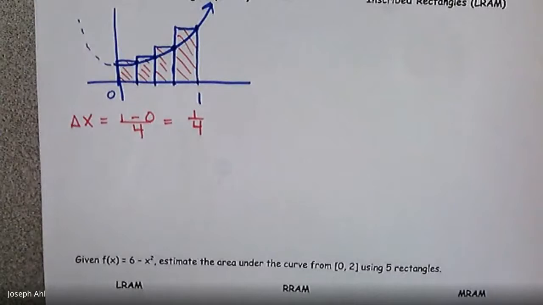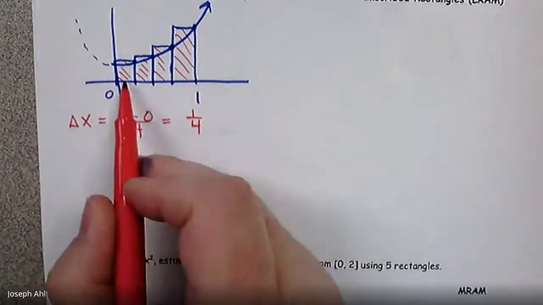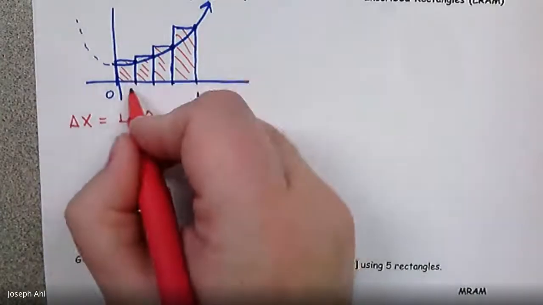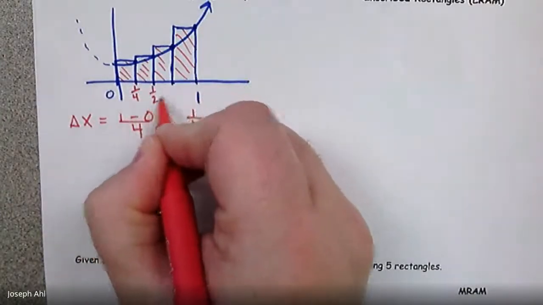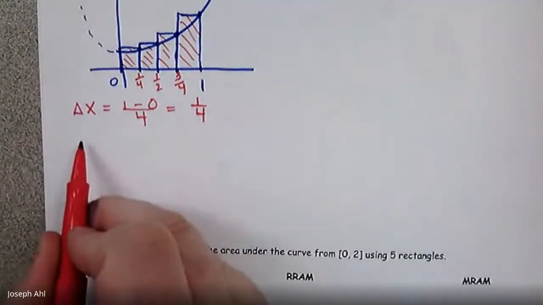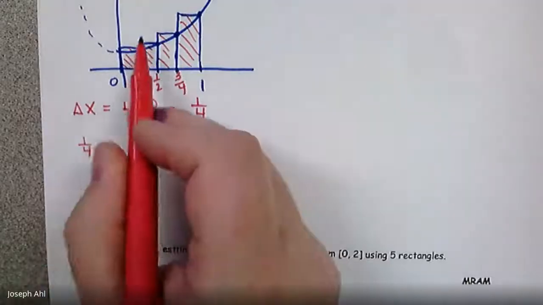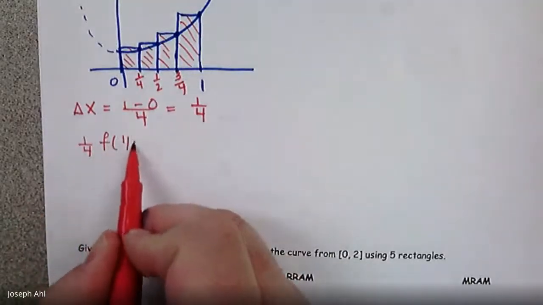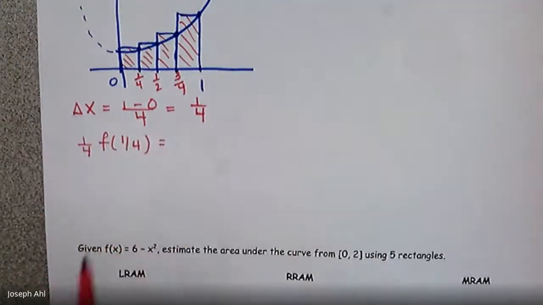And then what we're going to do from there is we want to take that 1/4 and multiply it by the height of each of these rectangles. So this would be 1/4, 1/2, 3/4. So if the base is 1/4, the first height would be at f of 1/4. And we'll figure out what that is.